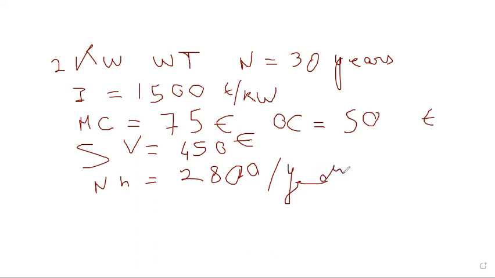Now, the selling price of the generated electricity is 0.09 euros per kilowatt hour. First, knowing that the discount rate is 3%, we should calculate the capital enrichment rate, CER.